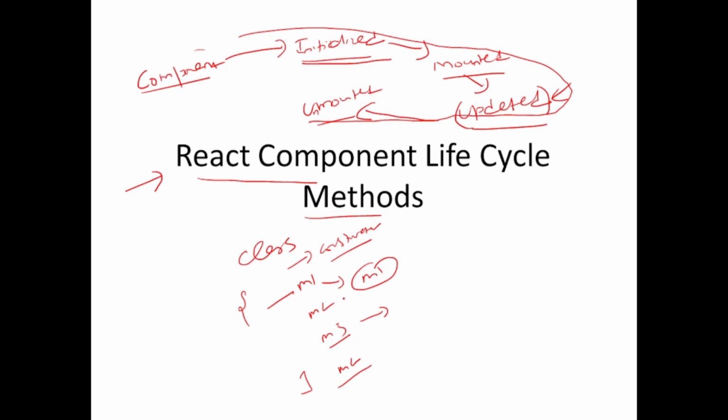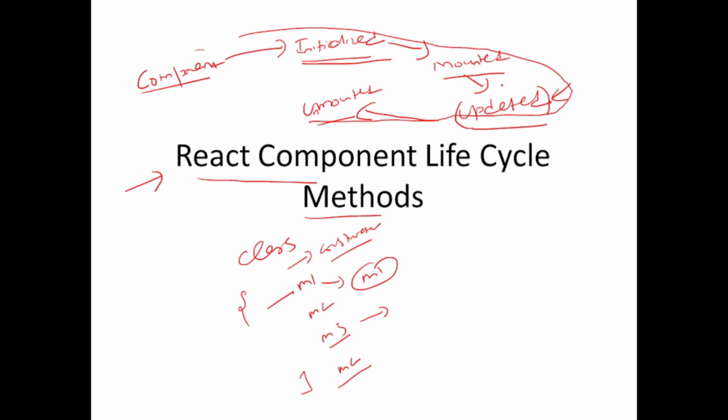So what we understand with respect to React component lifecycle methods is a component goes through several phases after its creation. It may get initialized, then mounted, updated, and finally unmounted. This is called the component lifecycle phases. And during each phase, there are certain methods that will run when it is in that specific phase. As I told you, when it's in the initialization phase, the constructor may run and then it will initialize the state variables.